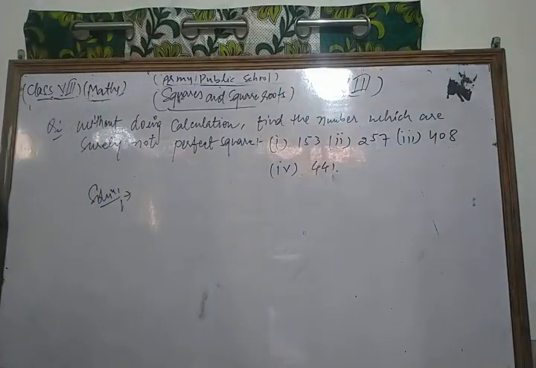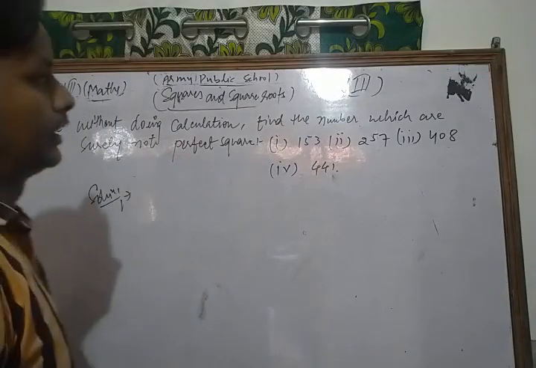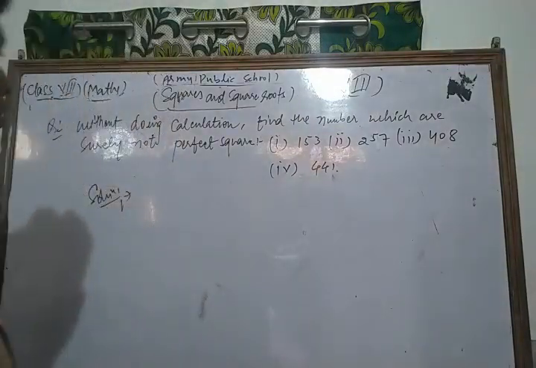Okay, what I do here, without doing actual calculation, find the numbers which are not a perfect square.